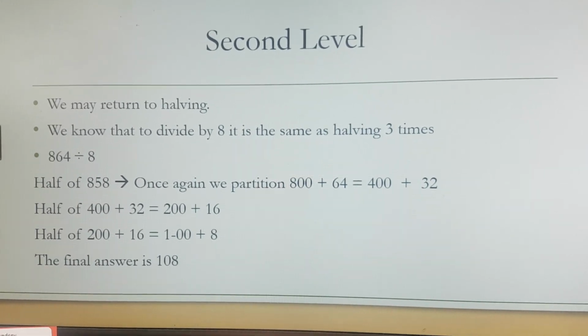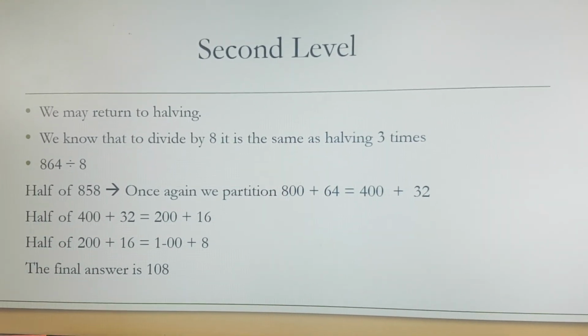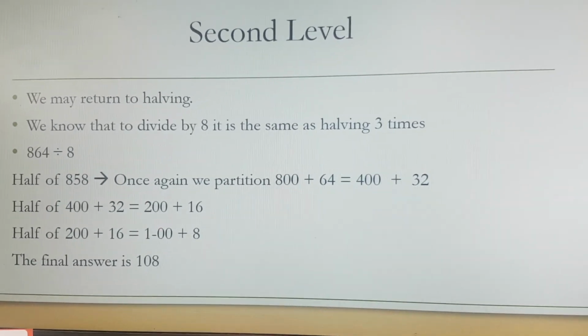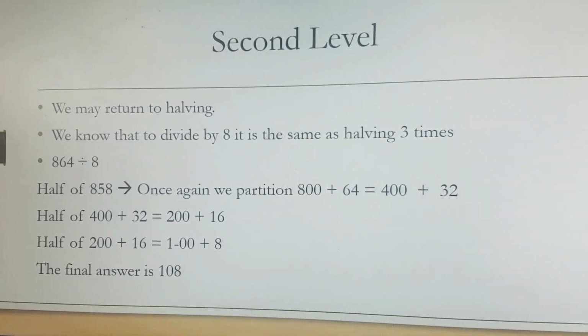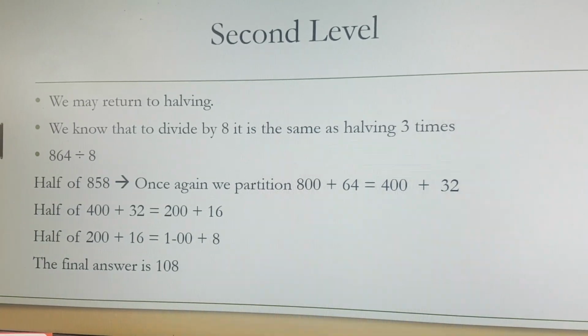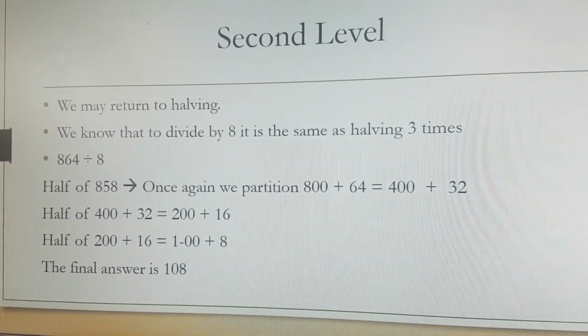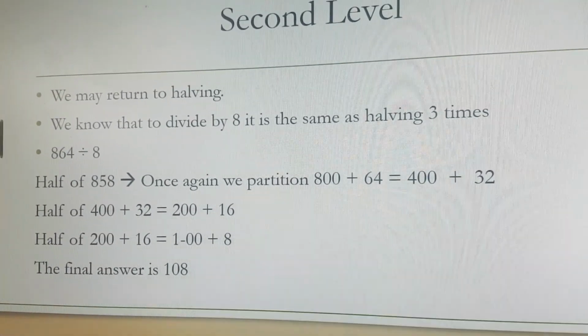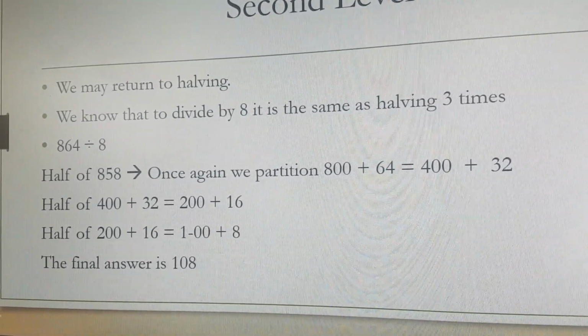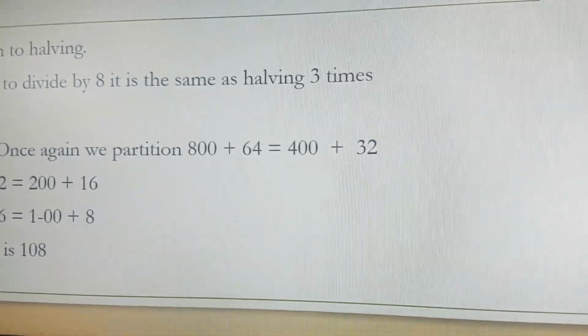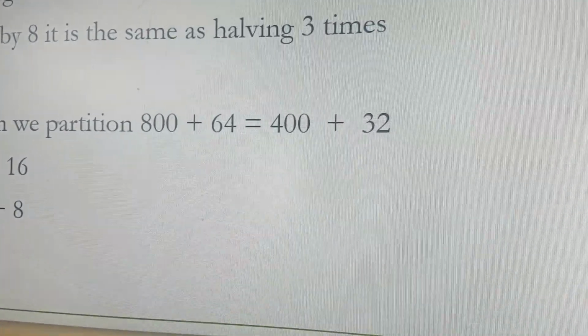Let's look again at 864 divided by 8, but this time using a different method. We may return to halving. We know that to divide by 8, it is the same as halving 3 times. So we halve 3 times. Let's try that with this example. We are going to partition 800 and we're going to partition that 64 again.